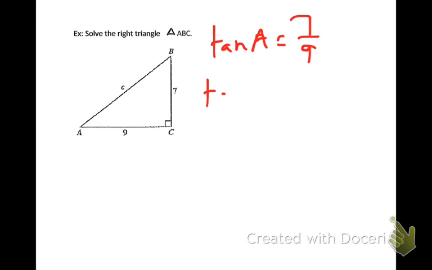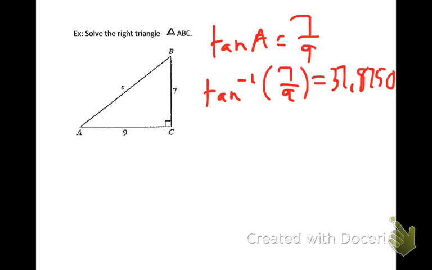So that's going to be inverse tan. Tan inverse of 7/9 equals 37.8750. So A equals 38 degrees. I rounded up.